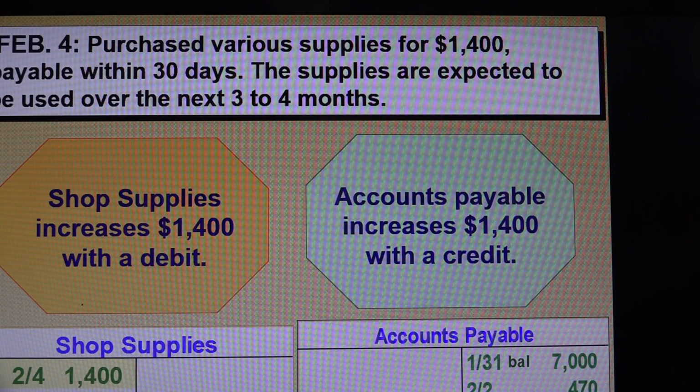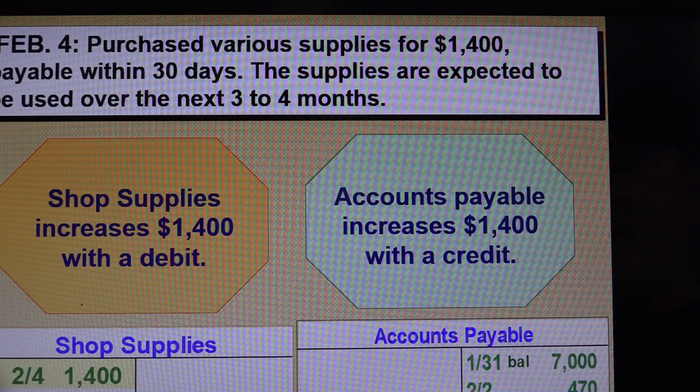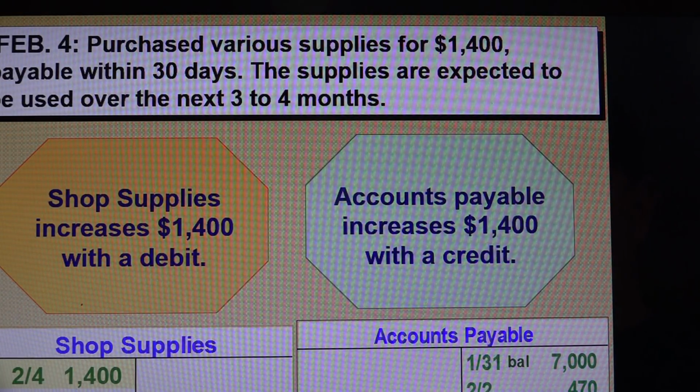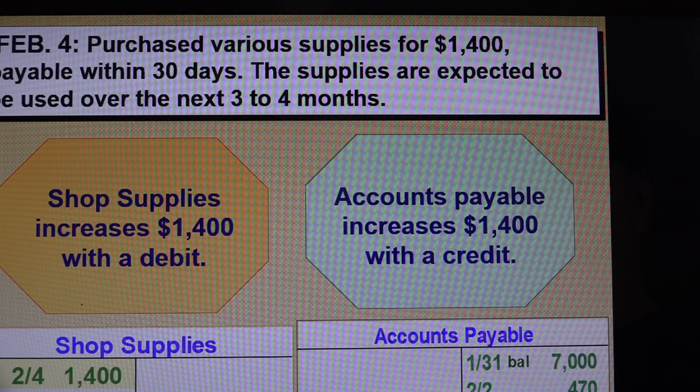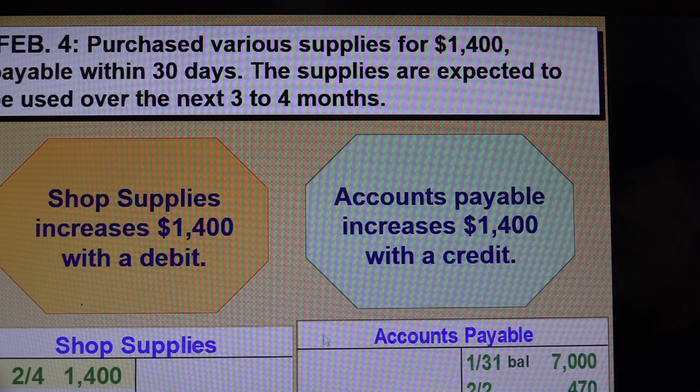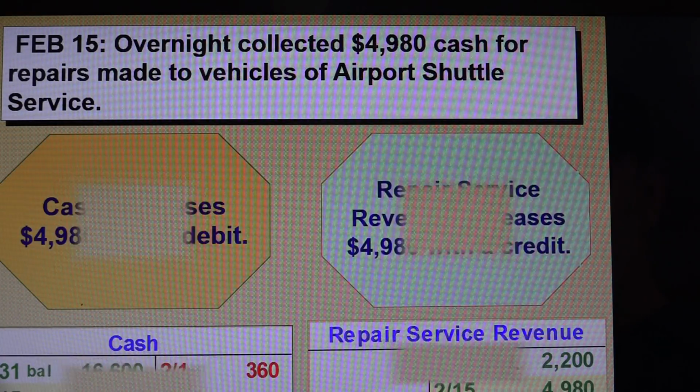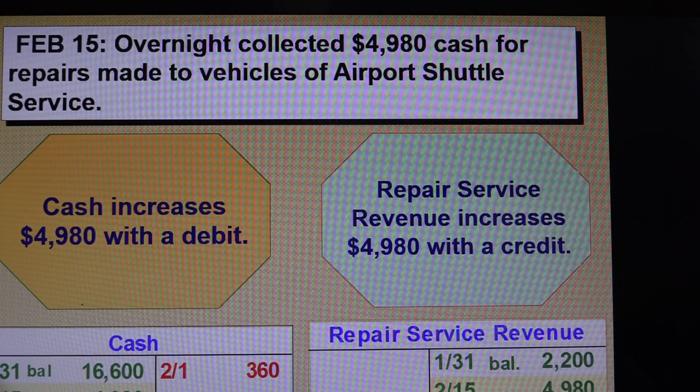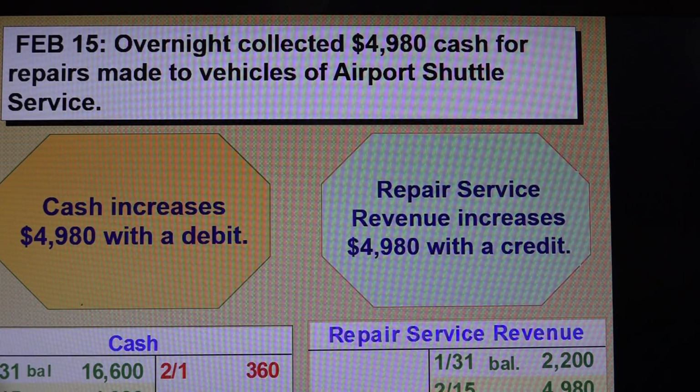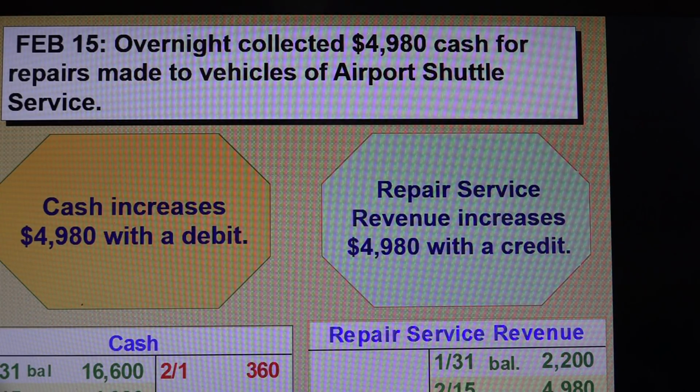So we establish a supply account, debit that account for $1,400, and again we credit, increasing accounts payable, which is of course a liability account. Notice it says in supplies that we expect to use them over the next 3 or 4 months. At this point, that's not really an issue, but it might be later.